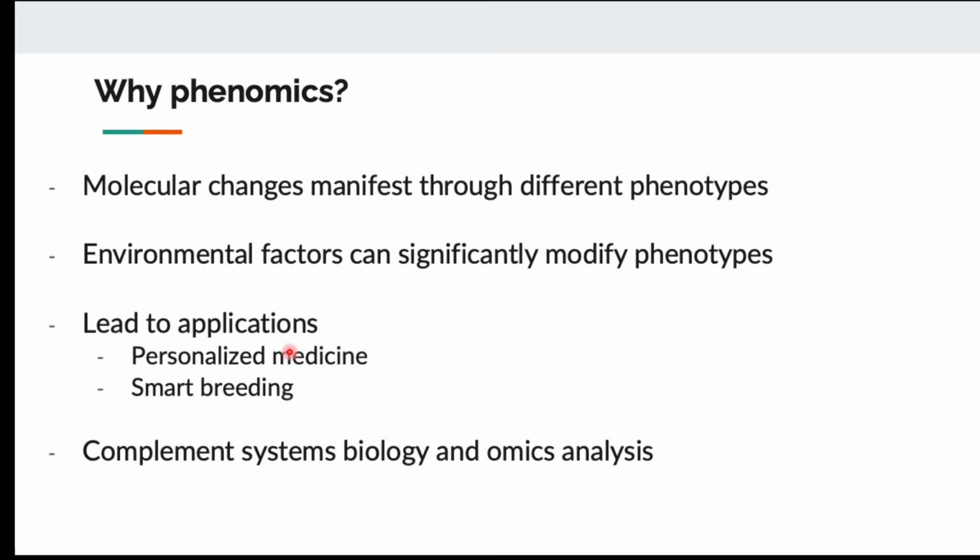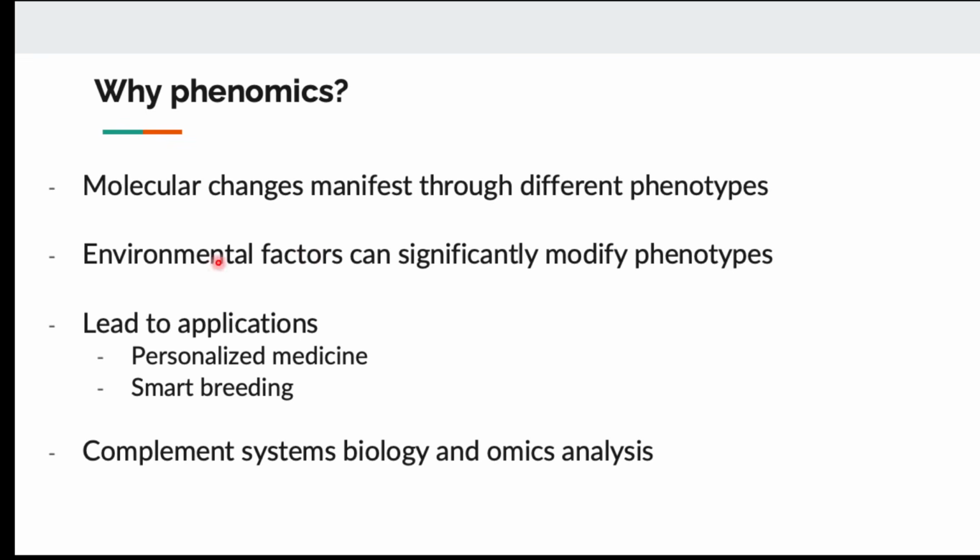So just to summarize, the reason why we want to look at phenomics, at least a little, is that for application, we want to change the phenotype. So we want to understand how molecular change propagates to create different phenotypes. But when we study systems biology, we want to understand the molecular mechanisms.